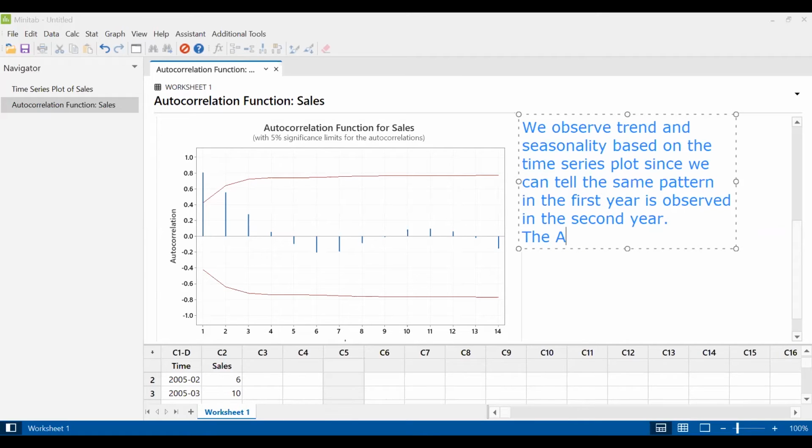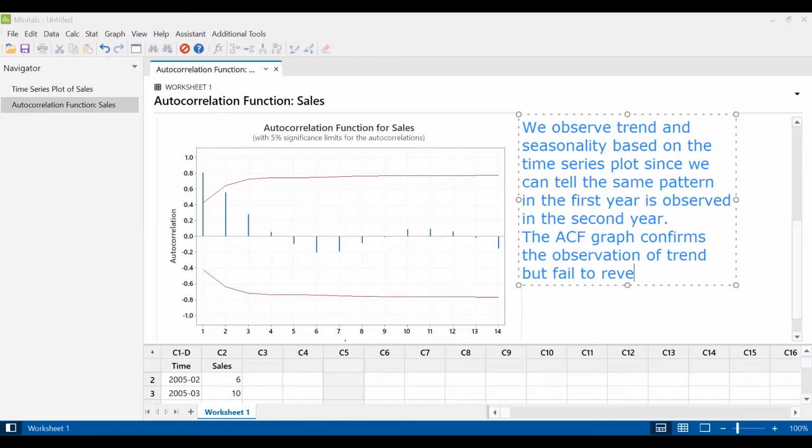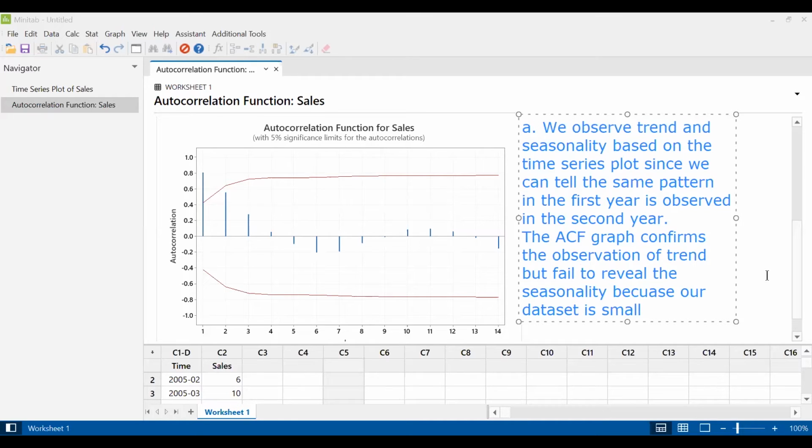The ACF graph confirms the observation of trend, but can fail to reveal the seasonality because our data set is small. And that will be the kind of answer I expect for part A.